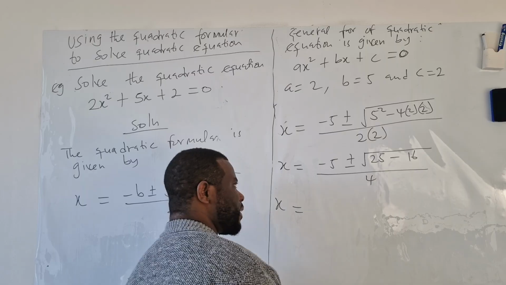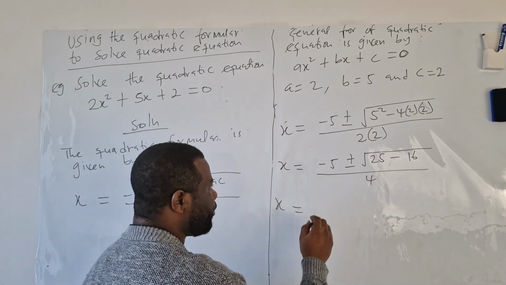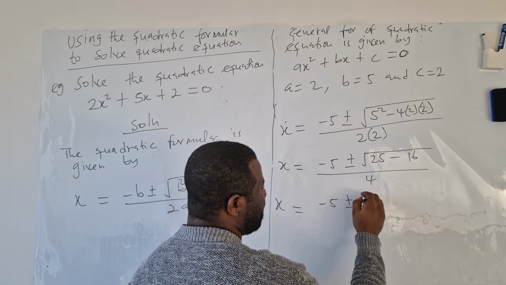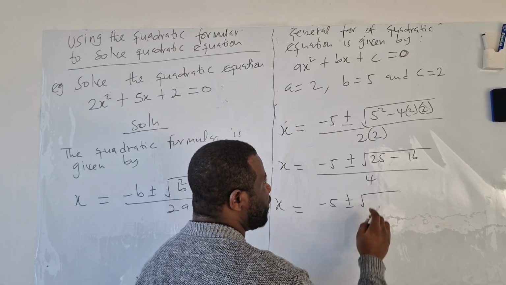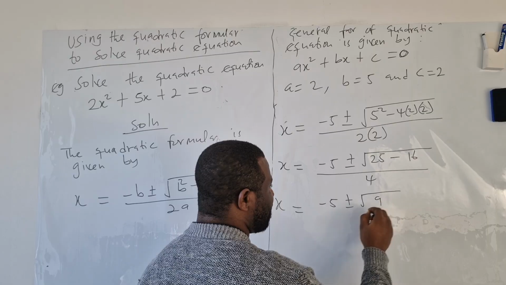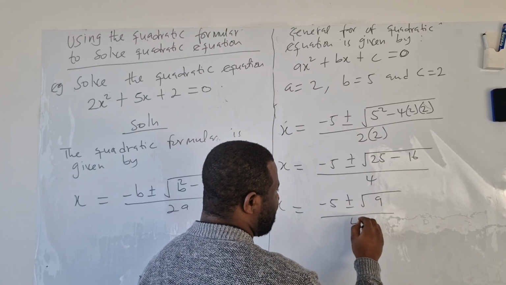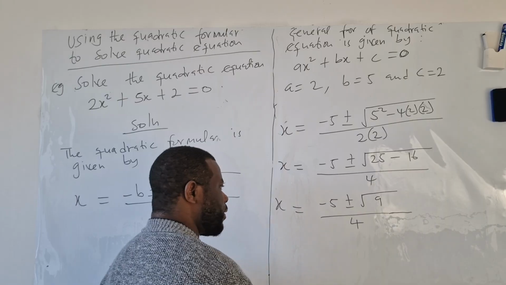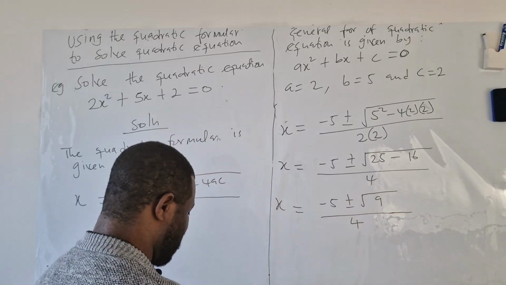So x is equal to minus 5 plus or minus square root of 25 minus 16, that is 9, all divided by 4.